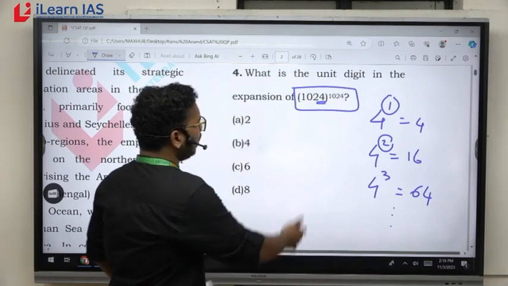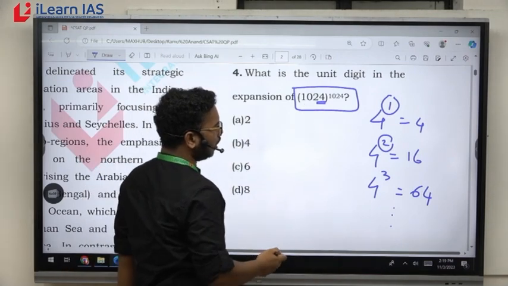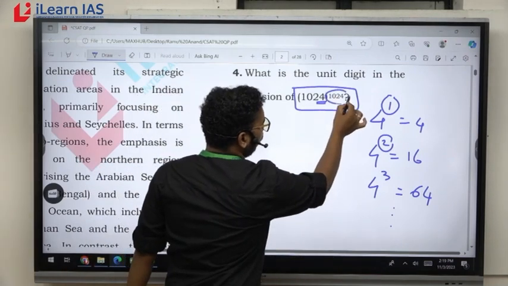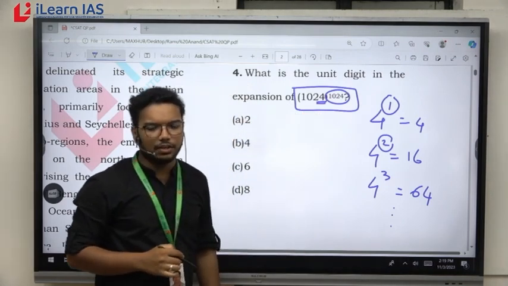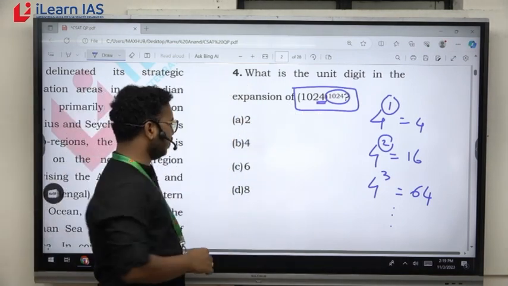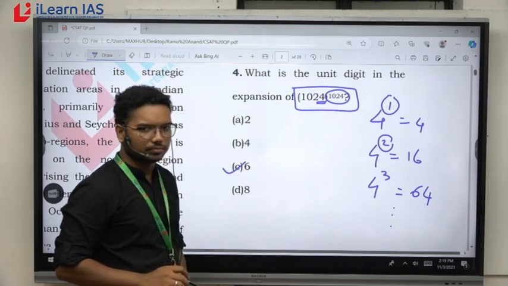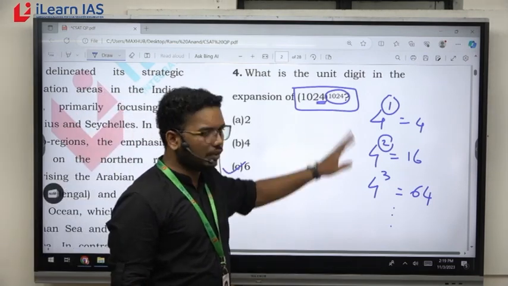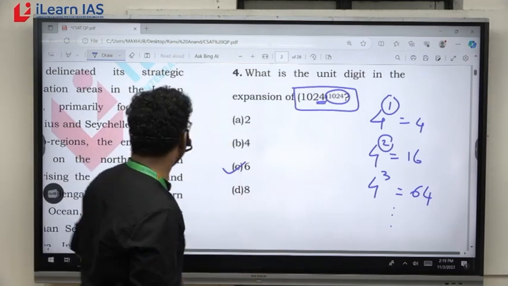Here, 1024 raised to 1024 has an even power, so the unit digit will be 6.